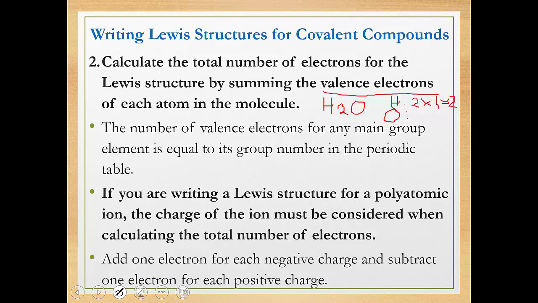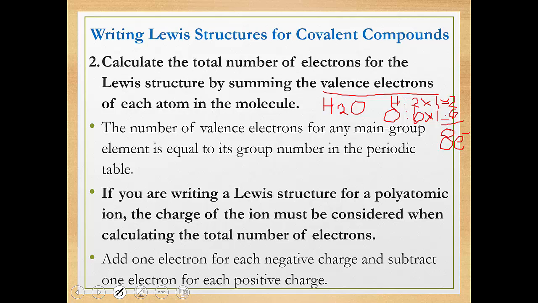This is always going to be the group number. So the number of valence electrons is 1 through 7. That's all you're going to have. Noble gases have 8, but they don't tend to bond. So if you ever did have a noble gas, it would have 8. 1 to 8, those are the only numbers you can have. So oxygen is in group 6A, 6 valence electrons. I have 1 of them in here. So I have a total of 6 valence electrons for oxygen. I have a total of 8 valence electrons in water.